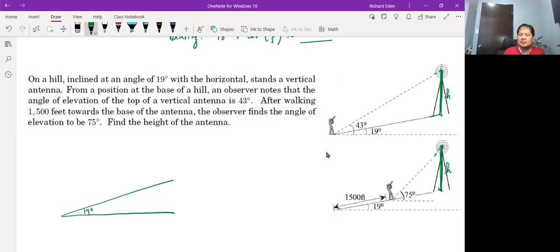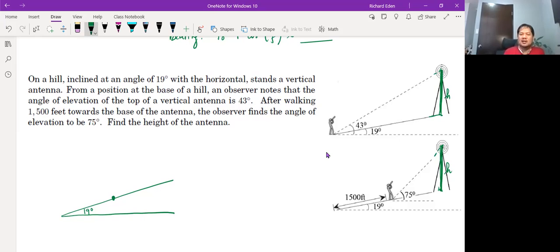So the observer traveled for some reason 1,500 feet just to get a glimpse of the antenna, so the distance from him to the antenna is now x minus 1,500. All right, let me draw this. How about from the person to the base of the antenna? Let's make that x.